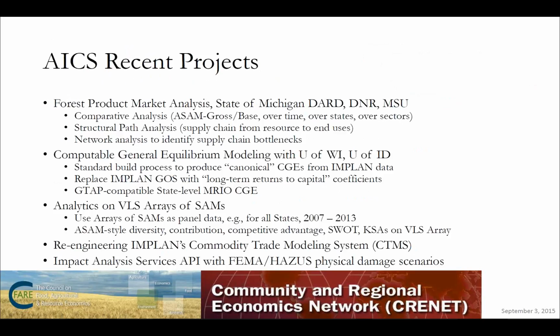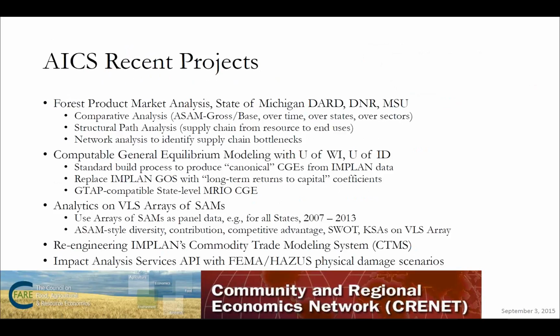Basically what we have been doing at the Institute is building up data sets of what I call very large scale arrays of social accounts, either for all states or all counties in the United States for a number of years.